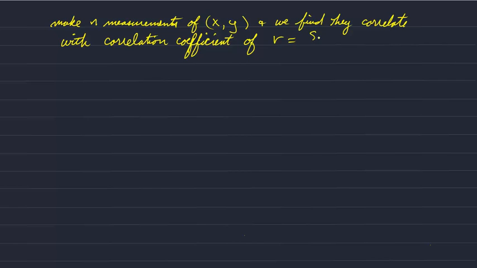Again, it's the covariance of x and y divided by the standard deviations of x and y. So the question is, is r significant, or does it occur by pure chance?